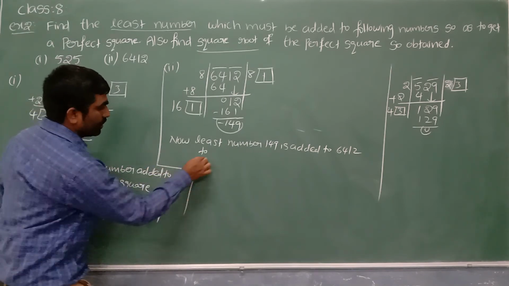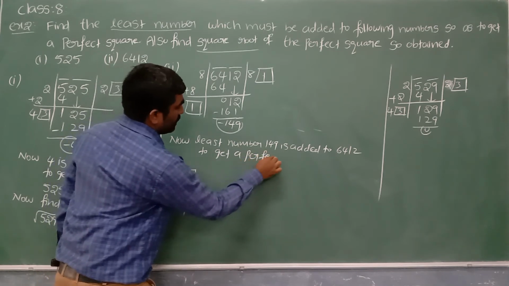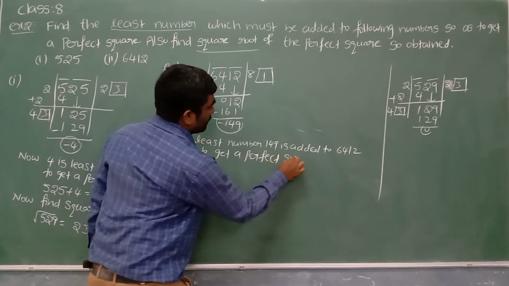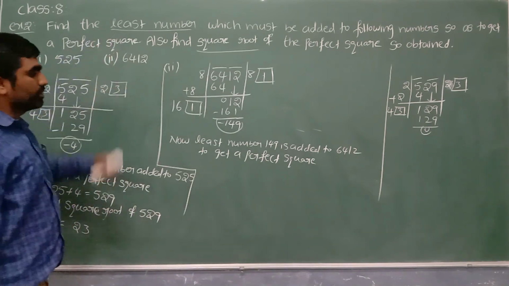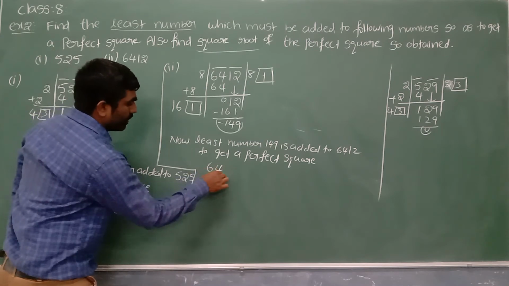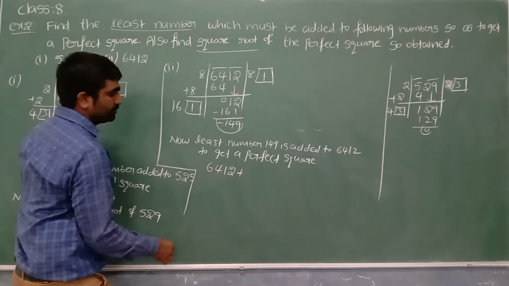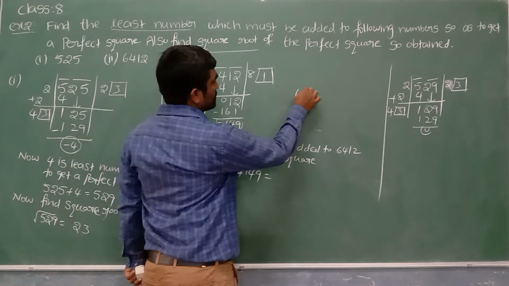Yes, to get a perfect square. So we complete the first task. The least number is what? 149. Now 6412 we are going to add 149. So let us go to the question.